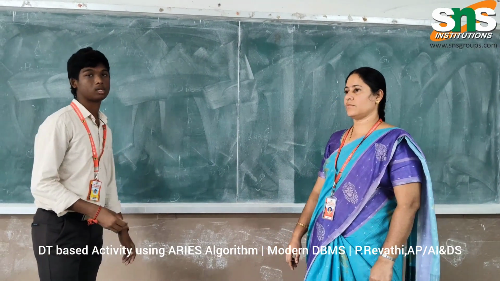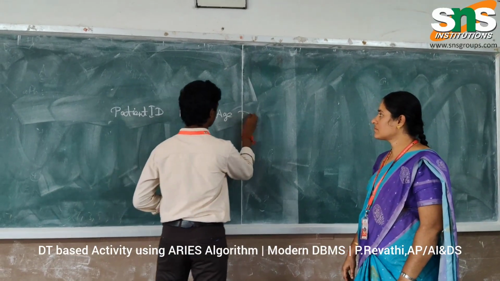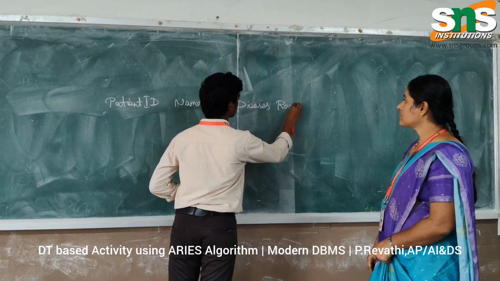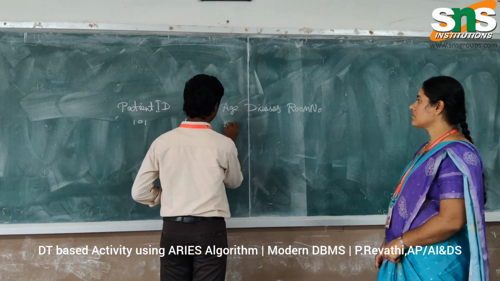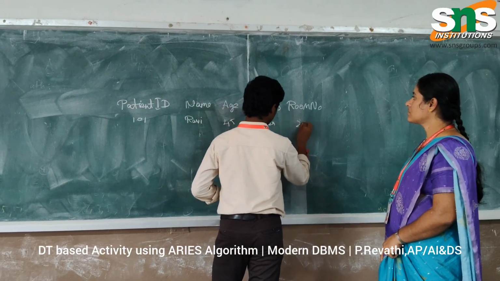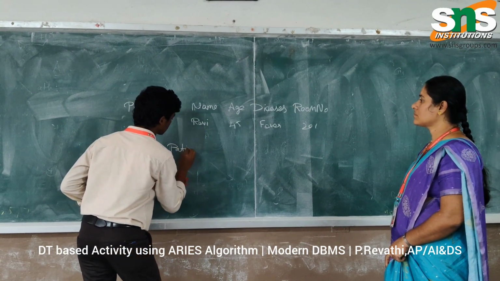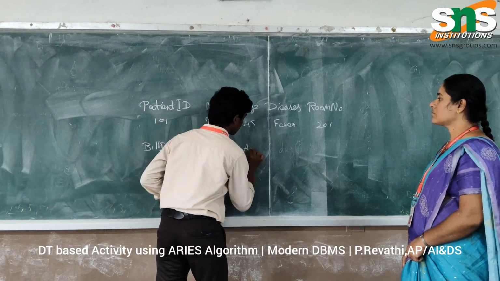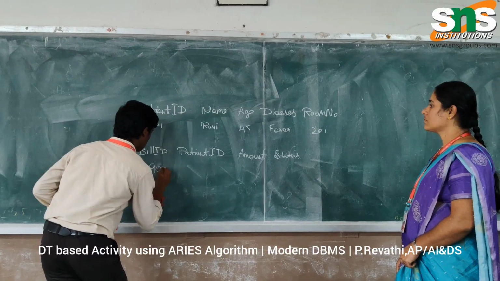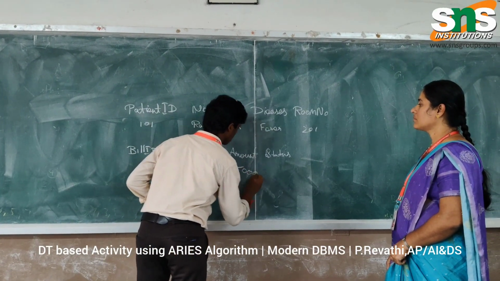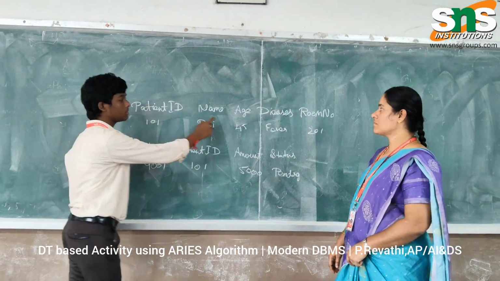I will tell about the patient table column names. Here you use patient ID, patient name, age, disease and room number.